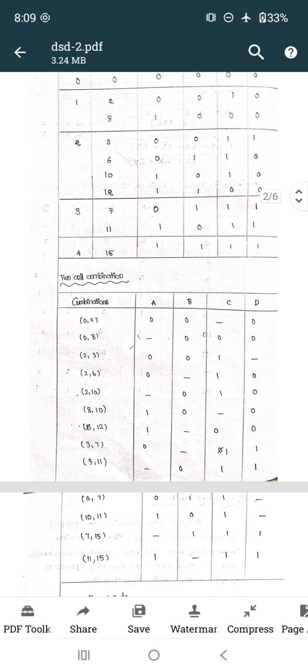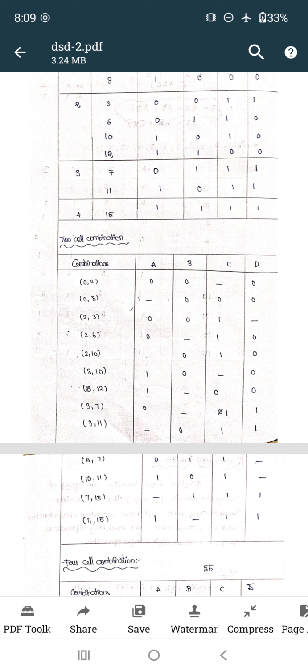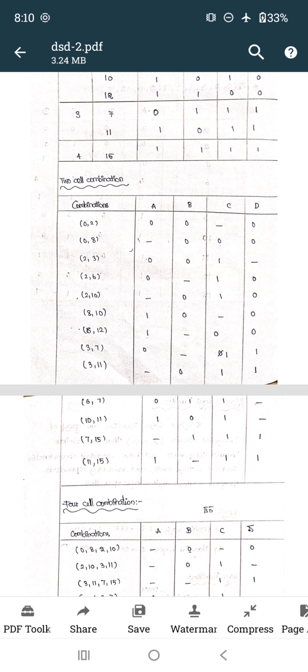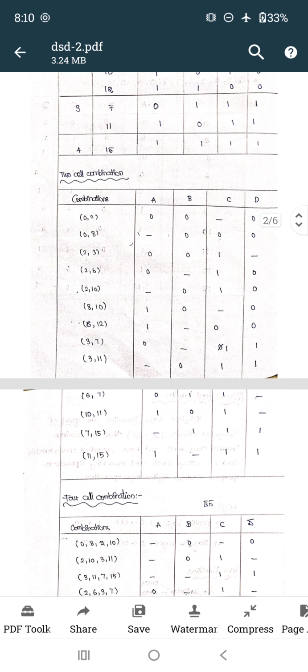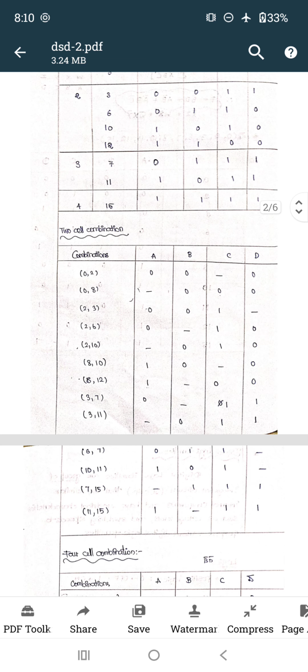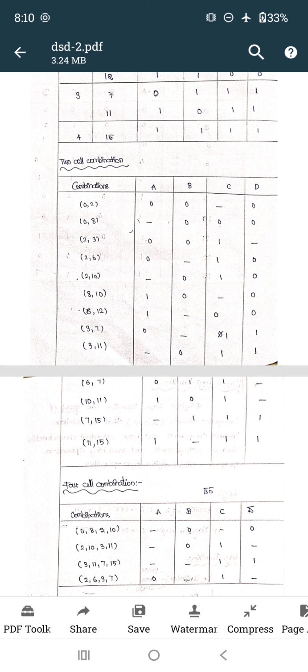By this we have formed the groupings: 0,2; 0,8; 2,3; 2,6; 2,10; 8,10; 8,12; 3,7; 3,11; 6,7; 10,11; 7,15; 11,15. These are all the possible combinations with a single change. Next, we are going to form the 4-cell combinations, reducing the number of terms further by combining these.